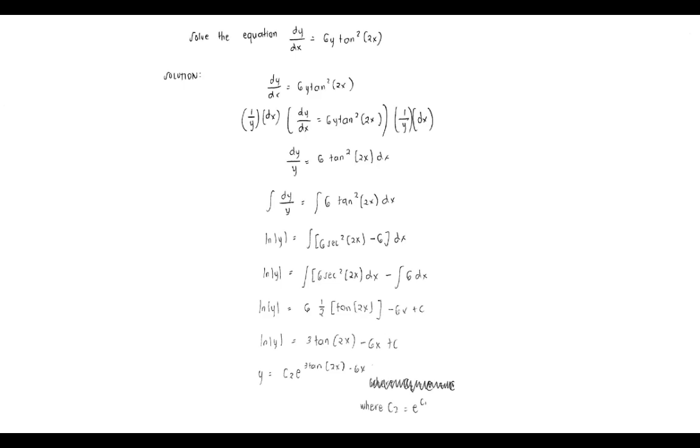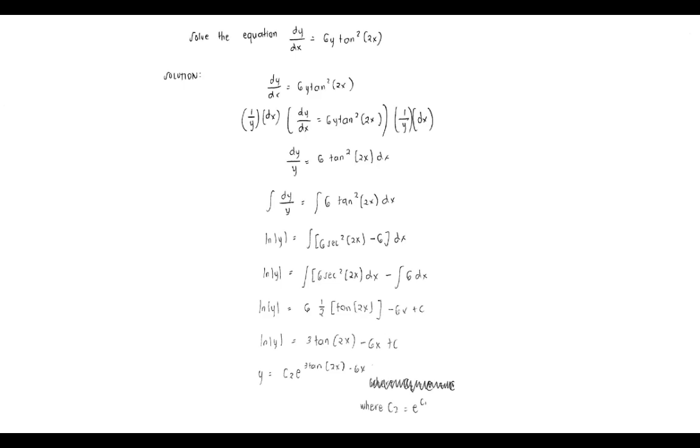So we have the integral of 6 secant squared 2x dx minus the integral of 6 dx. So we have ln of y equals 6 times 1/2 tangent 2x minus 6x plus c. So ln y equals 3 tangent 2x, as we simplify, minus 6x plus c.